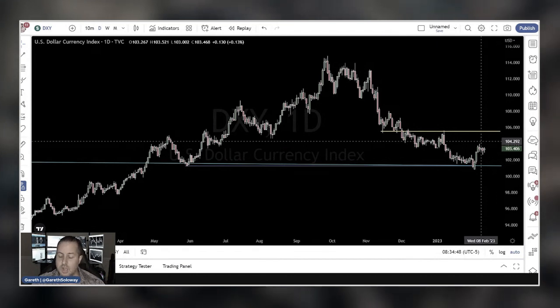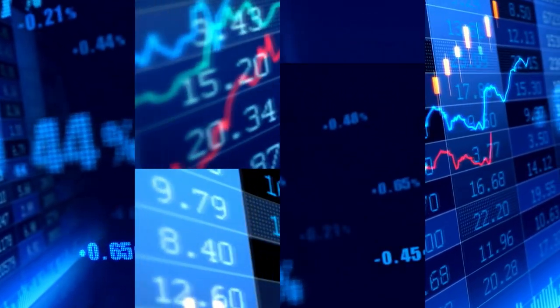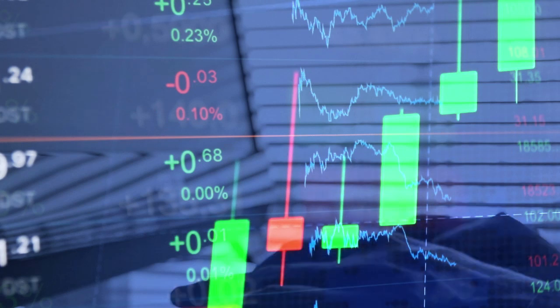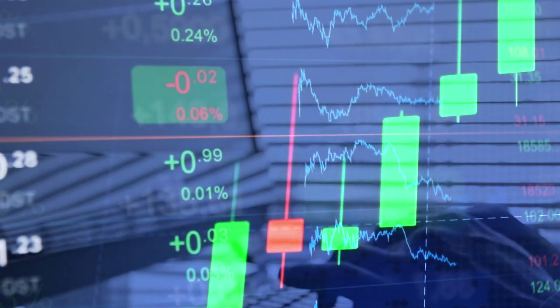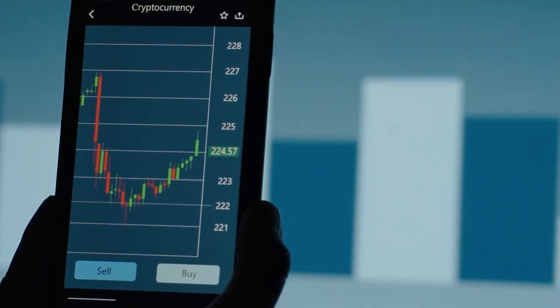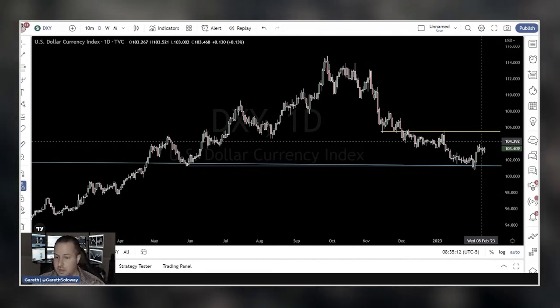What I'm looking for here is a confluence of levels, right? Two levels that coincide, therefore they're going to be stronger. So right away, having the fib 382 around 106 with 105.50 as the resistance, that's giving me a 50-cent range where we can look for major resistance.